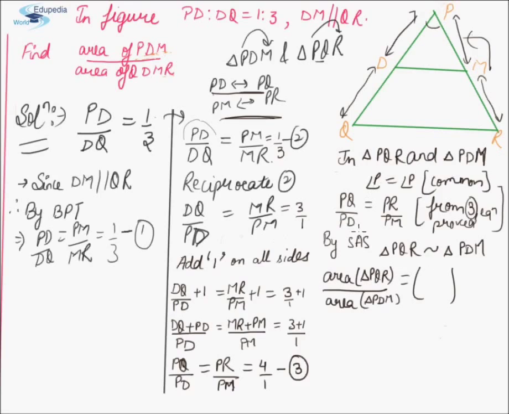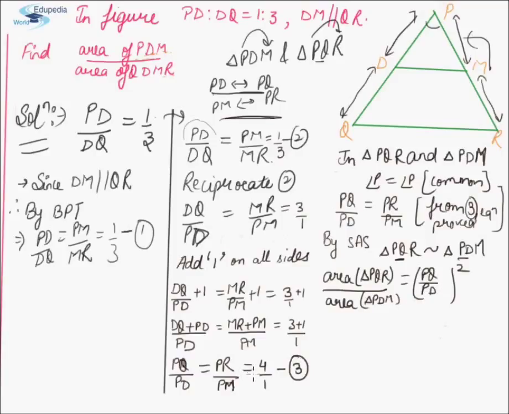Let us use the corresponding side PQ and PD, their square, since the theorem says that the ratio of the area of two similar triangles is equal to the square of the ratio of the corresponding sides.